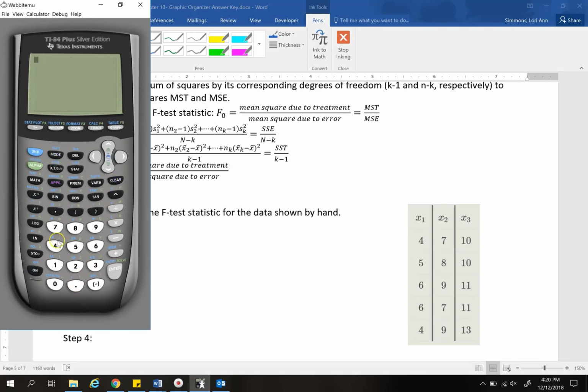So we have 4 plus 5, and then divide by 15. There's 15 numbers. So X bar is 8.